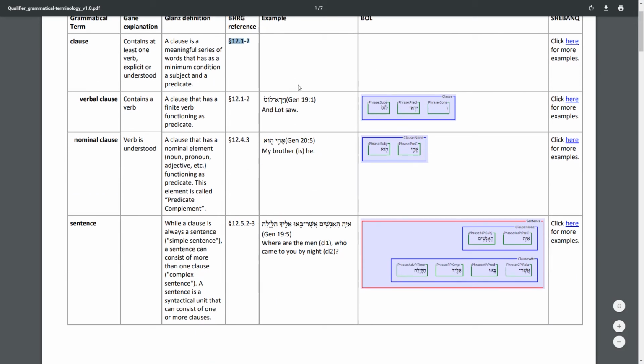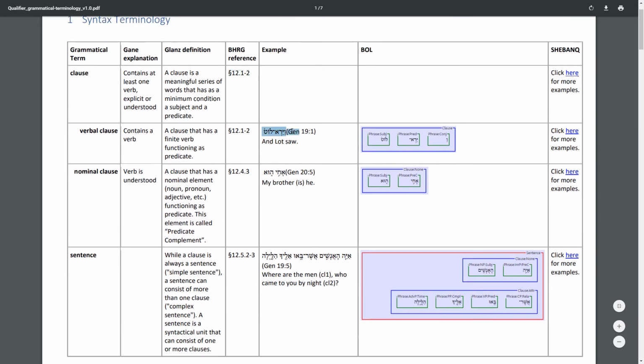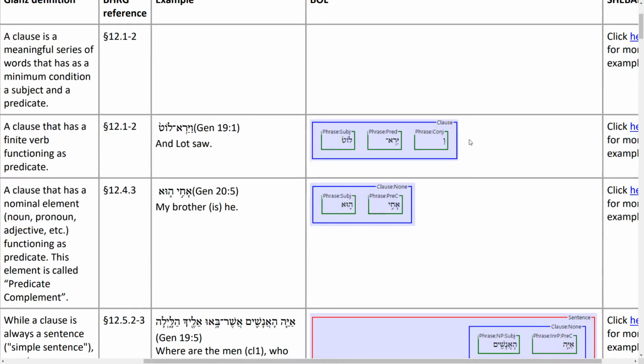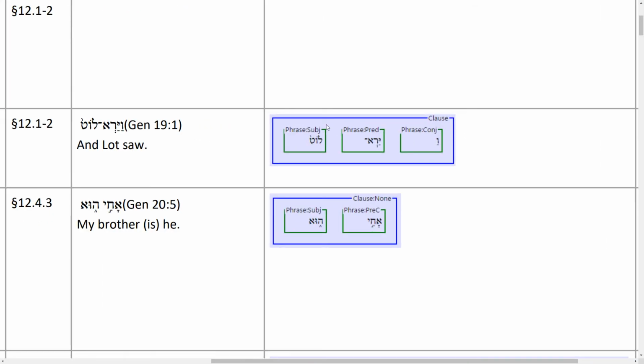Then I usually provide also an example, the Hebrew with its English translation. Then I provide, where possible, a screenshot of the feature I'm explaining. For example, verbal clause. It contains a verb, Gane says. Glanz says a clause that has a finite verb functioning as a predicate. Then here an example, Vayar Lot, and Lot saw. And then here from the Bible Online Learner, the analysis of the clause with conjunction phrase, predicate phrase, subject phrase.